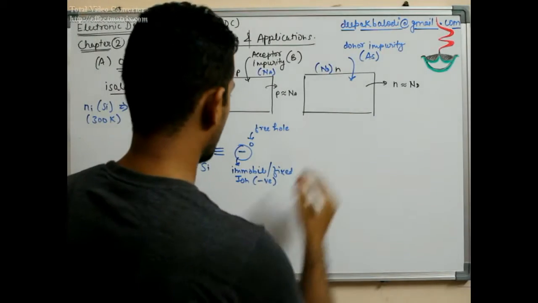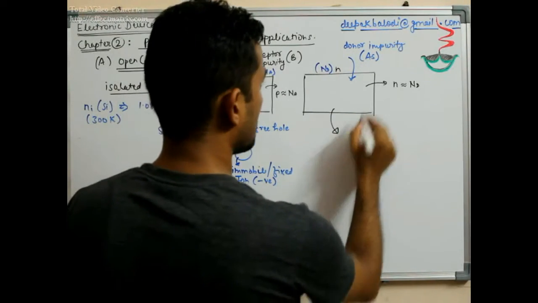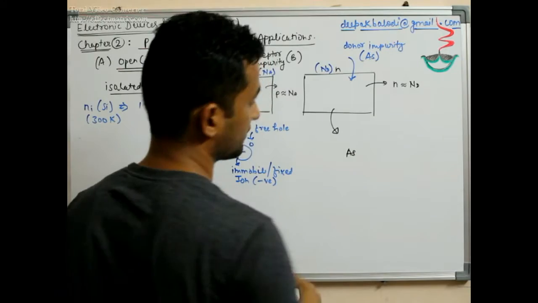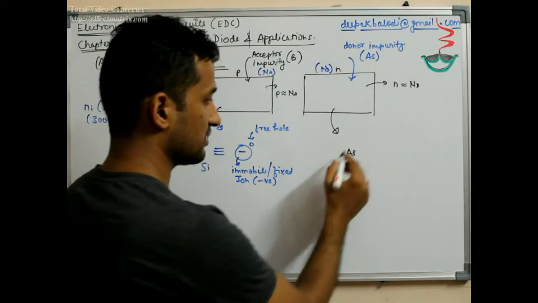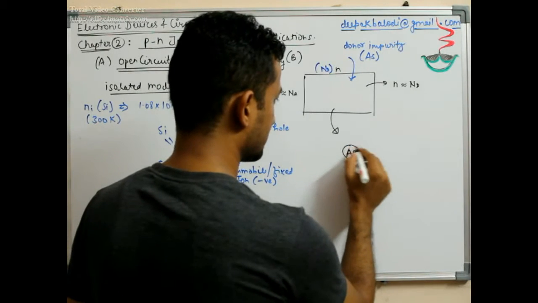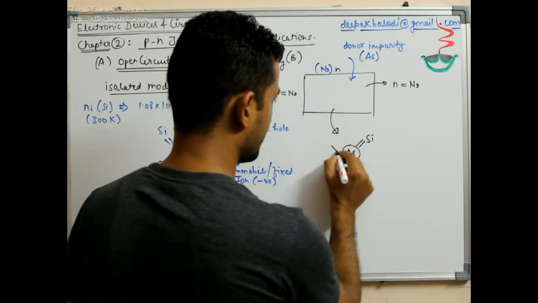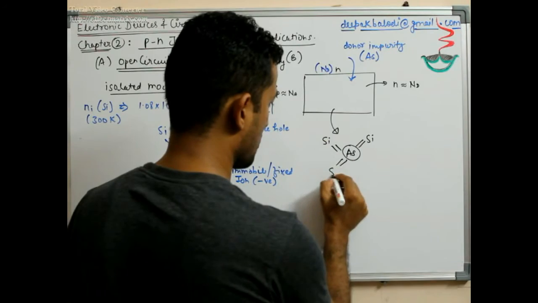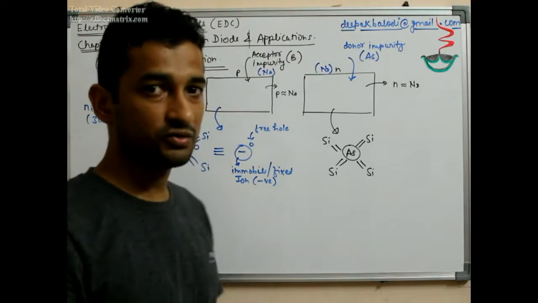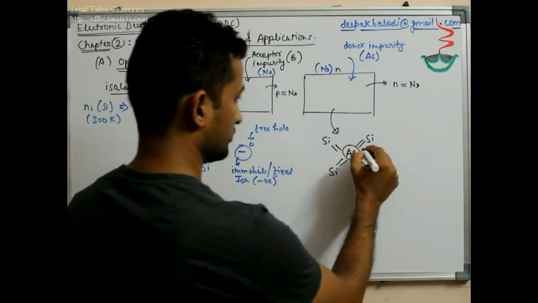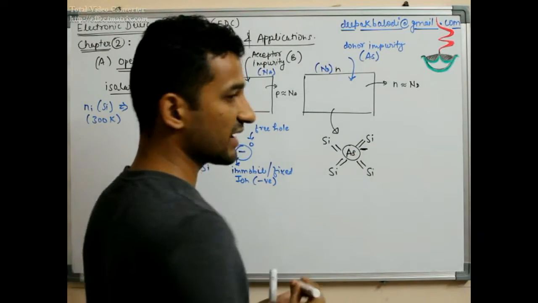Similarly here the scenario is 1 arsenic atom out of some 10 to the power 8 silicon atoms. As soon as it comes in, it forms the 4 covalent bonds with the 4 neighboring silicon atoms, but in order to do so it has to contribute 1 electron. So that 1 electron, let me indicate by this minus sign.